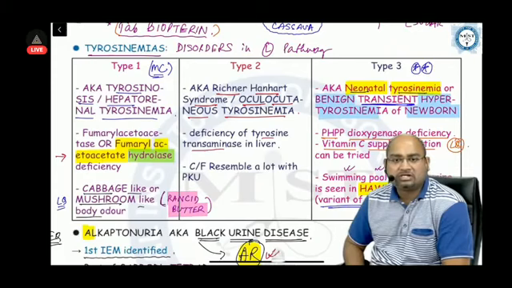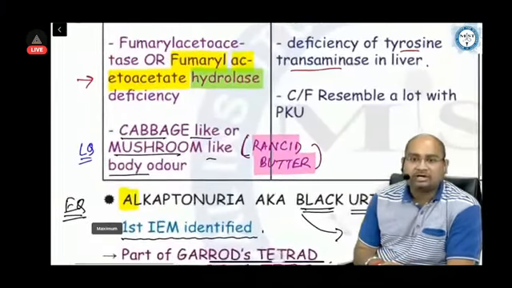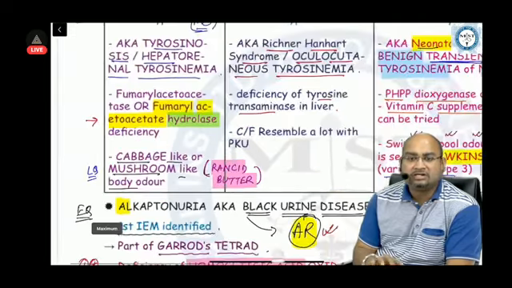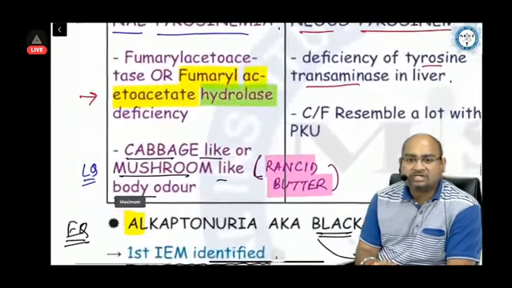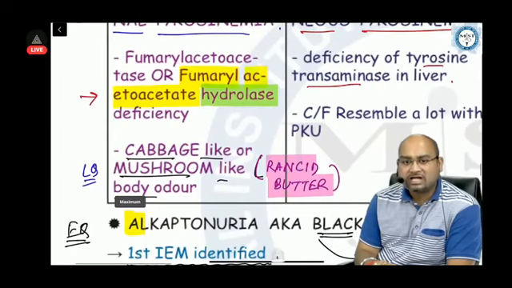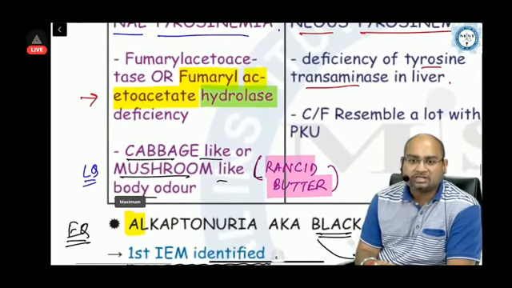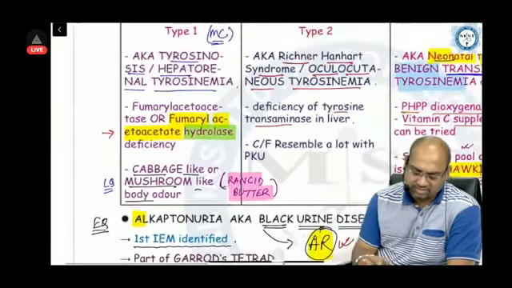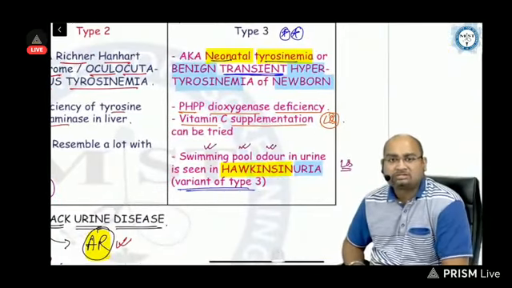Tyrosinemias, only 3 questions have been asked. Please remember, cabbage-like, mushroom-like or rancid butter smell in urine is seen in type 1 tyrosinemia due to deficiency of the enzyme fumarylacetoacetate hydrolase. Type 3 is called neonatal tyrosinemia.